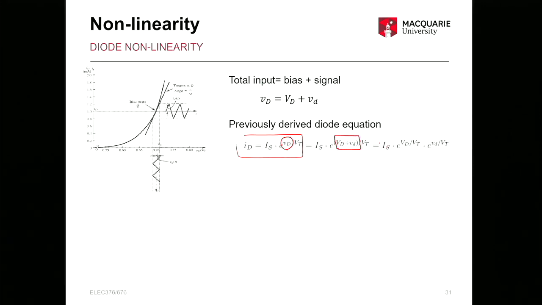And if you expand them, you get this part, which is the DC diode current times the signal part. Now you already know it because it was in the lab that you can expand this using that formula.